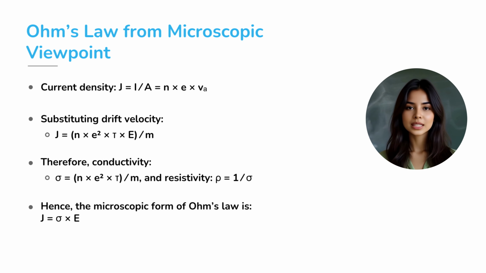We get J equals n times e squared times tau times E divided by m. From this, we identify conductivity sigma as sigma equals n times e squared times tau divided by m, and so we finally arrive at J equals sigma times E. That's Ohm's law, not just a rule, but a consequence of microscopic electron behavior.